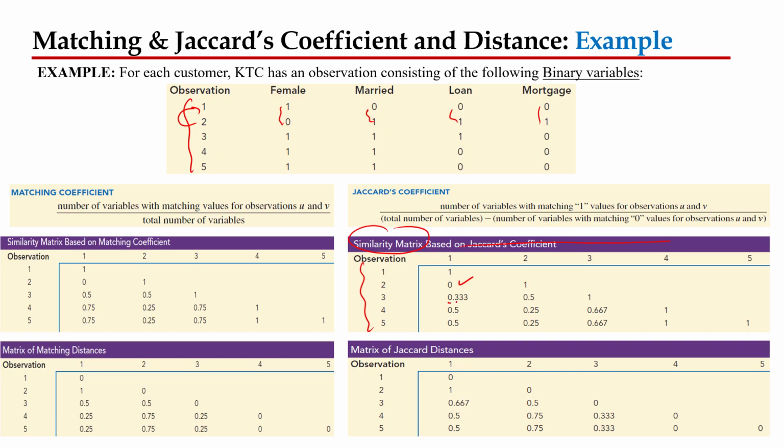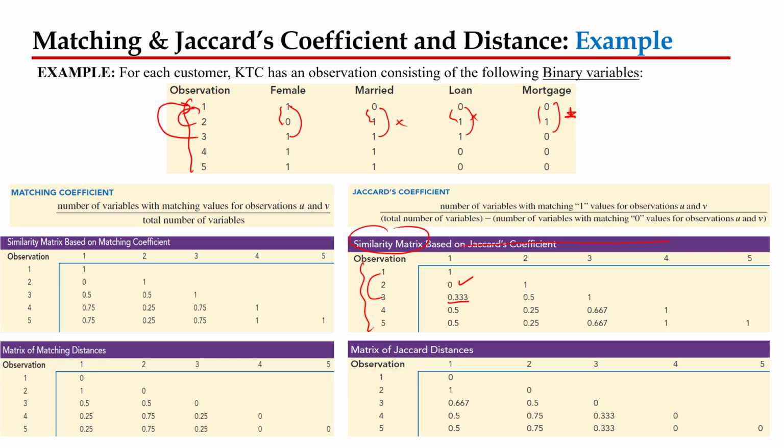So now let's see how we are getting this one. 3 and 1, so if we compare the third and the first observation, we can see that this 1 and 1 is common, 1 and 0 not common, 1 and 0 is not common, 0 and 0 is common, but it is not going to be considered in the numerator, but it is going to be considered in the denominator.